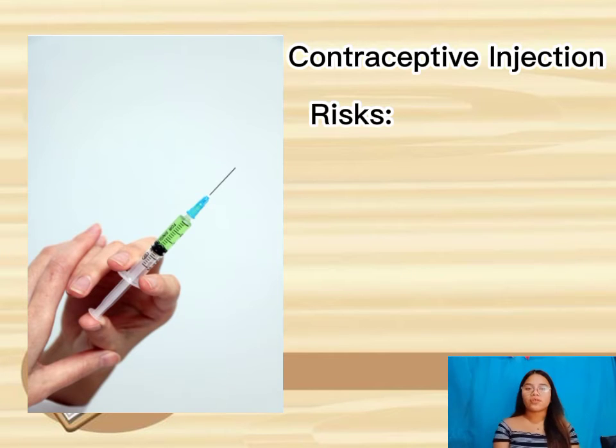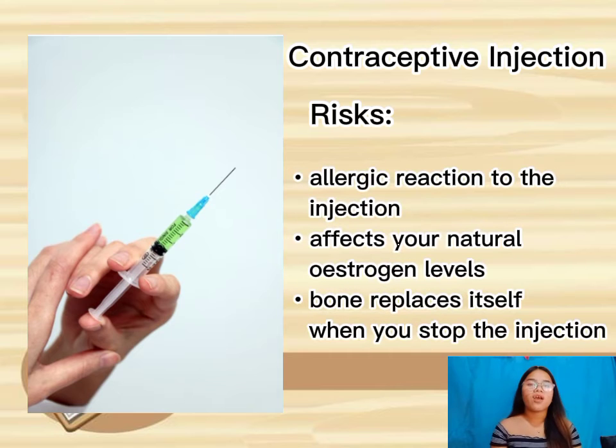The risks of it are: first, there's a small risk of infection at the site of the injection. In very rare cases, some people may have an allergic reaction to the injection. Second, using Depo-Provera affects your natural estrogen levels, which can cause thinning of the bones, but it does not increase your risk of breaking a bone.